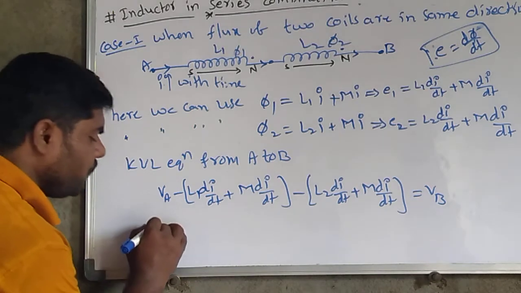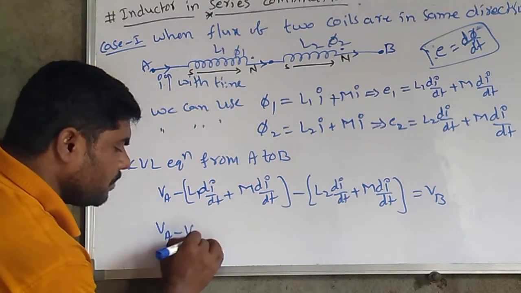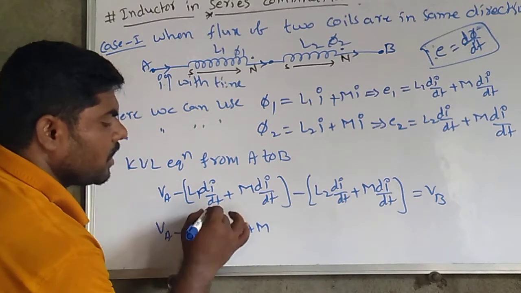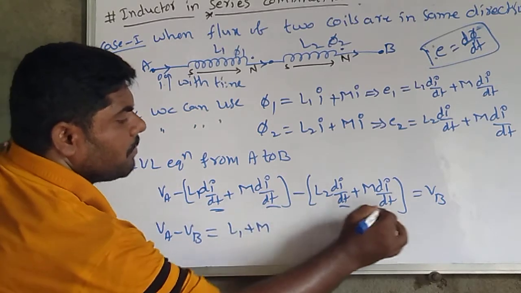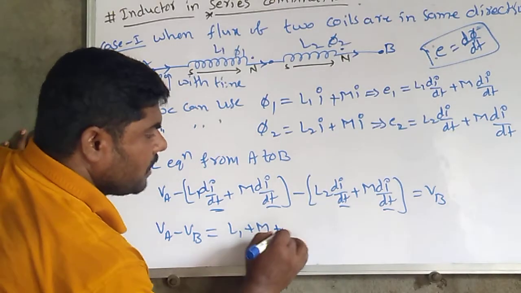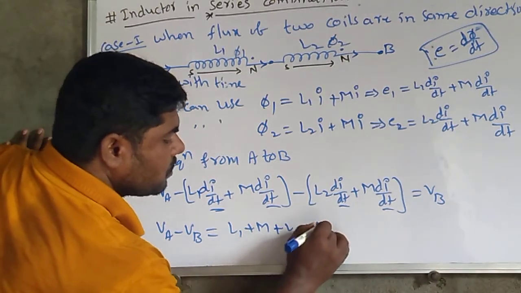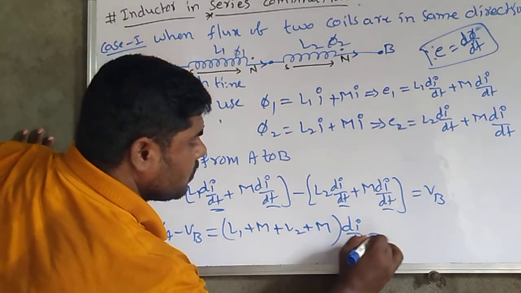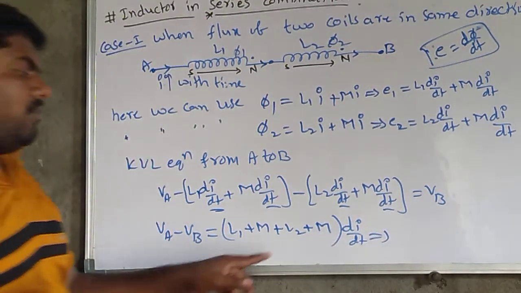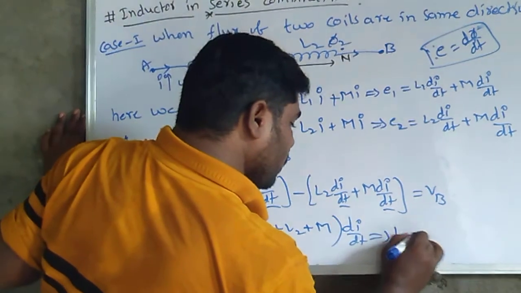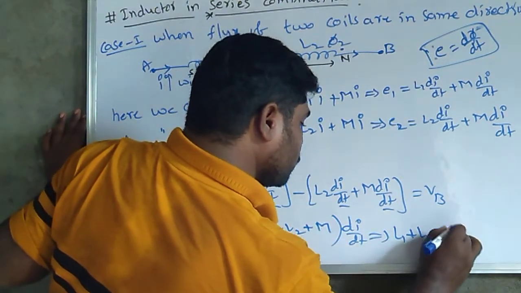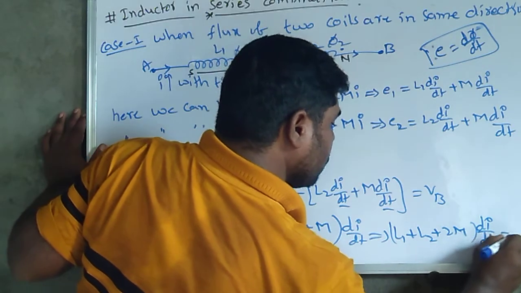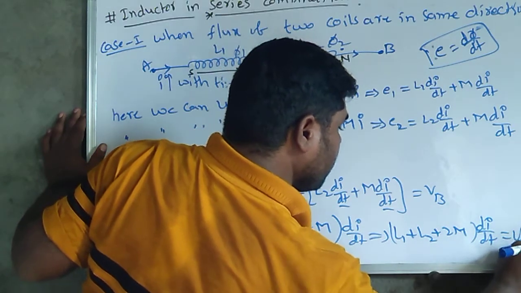So VA minus VB should be equal to L1 plus M, taking di by dt common, plus L2 plus M of di by dt. That implies L1 plus L2 plus 2M into di by dt is equal to VA minus VB.